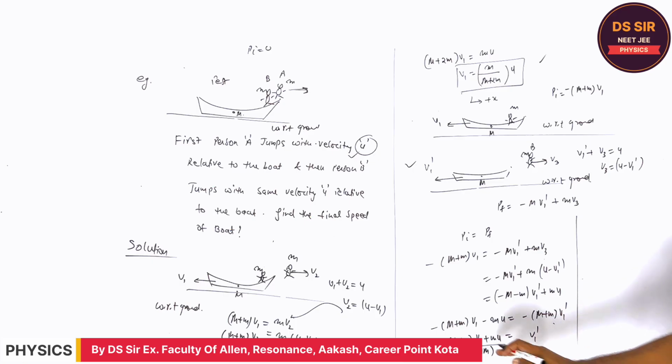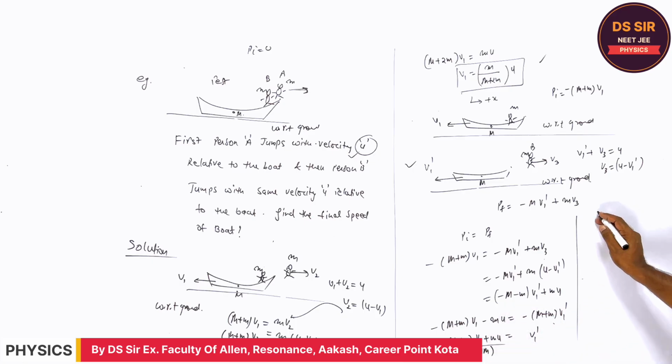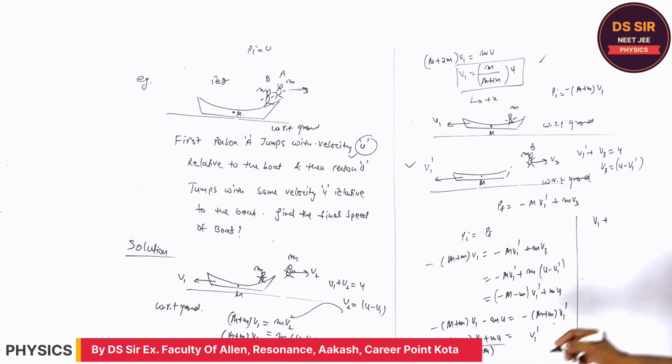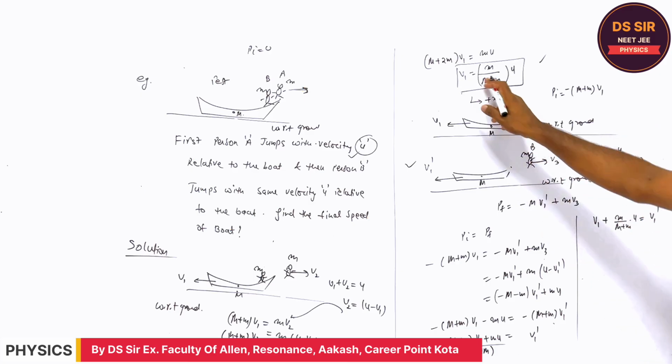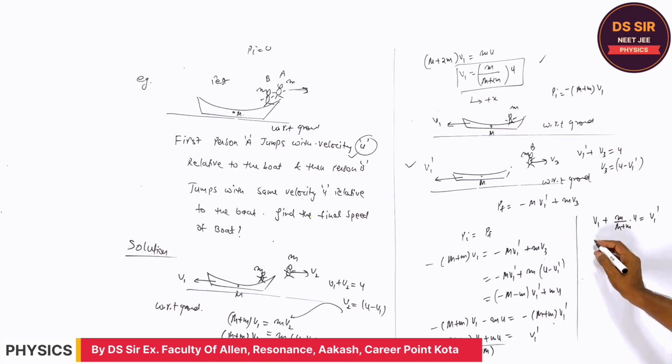So this is the v1 dash we have to find. When you simplify, m upon (M plus m) into u is equal to v1 dash. What is the value of v1? The value of v1 is m u upon (M plus 2m).